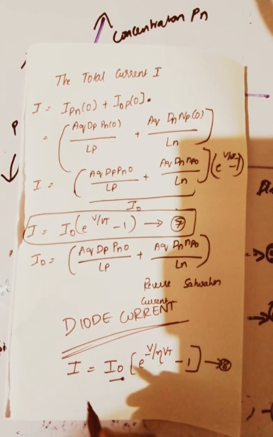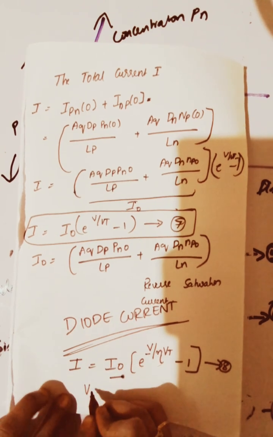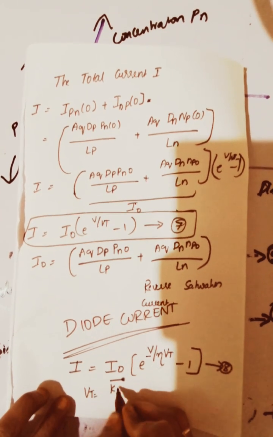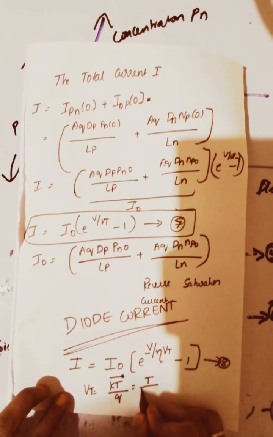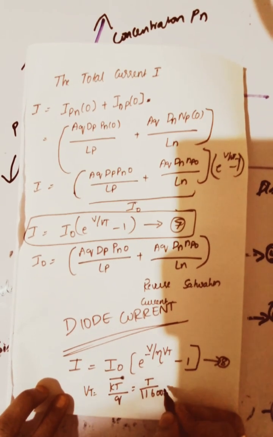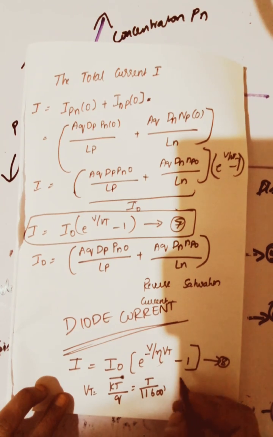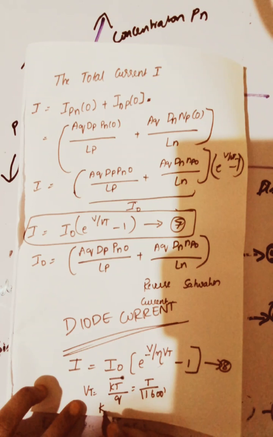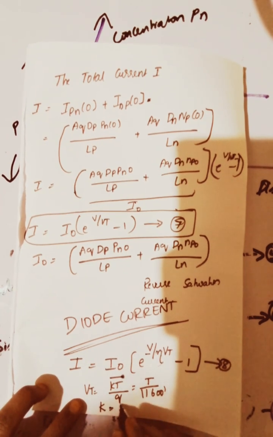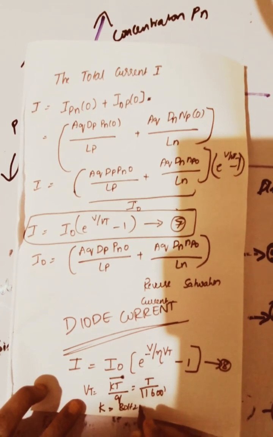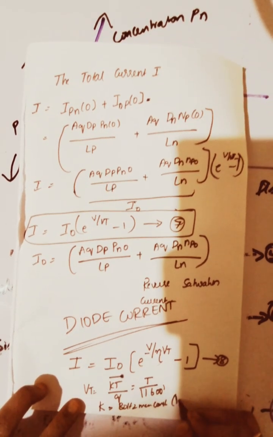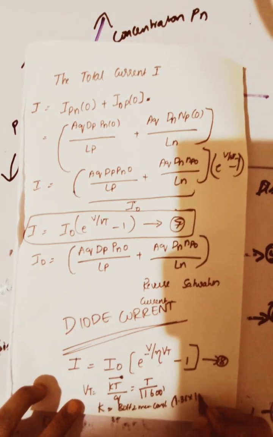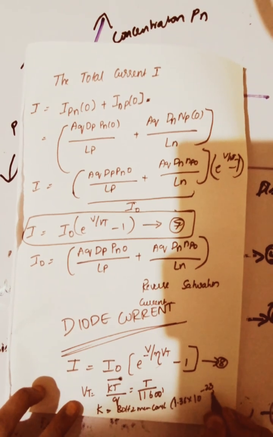Vt is equal to kT by q, that is nothing but T by 11600. That is the volt equivalent of temperature, the thermal voltage, where k is the Boltzmann constant, that is 1.38 into 10 to the power of minus 23 joules per Kelvin.